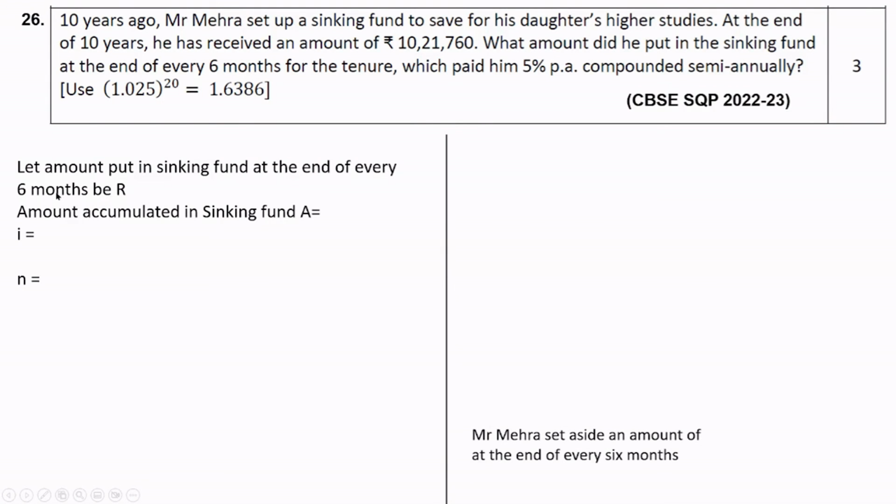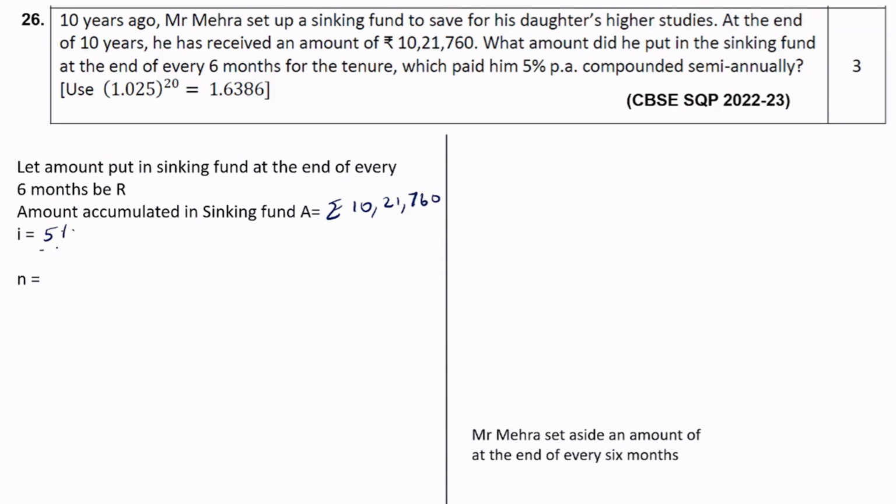So here let us take the amount put in the sinking fund at the end of every 6 months to be R. Then the amount accumulated in the sinking fund is rupees 10,21,760. And then the interest rate is 5% per annum compounded semi-annually.